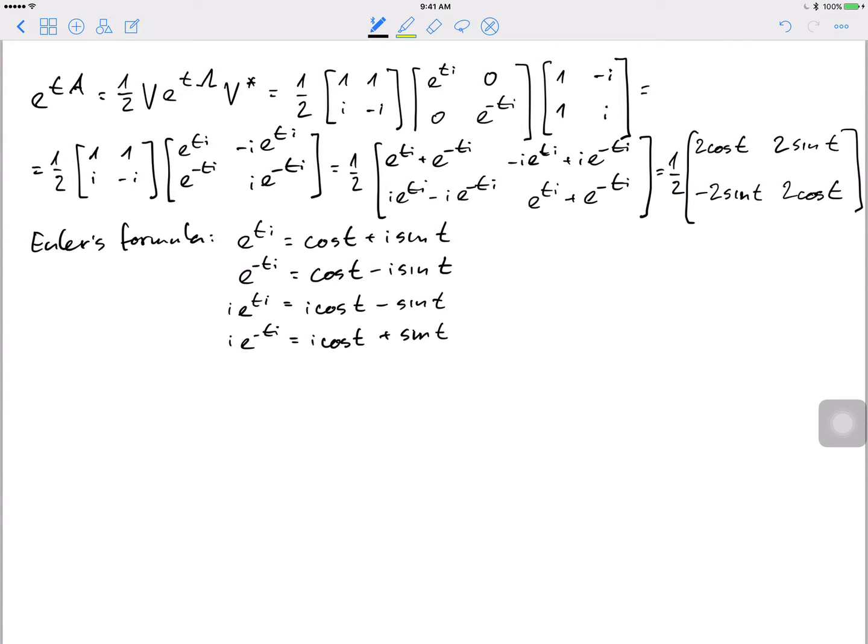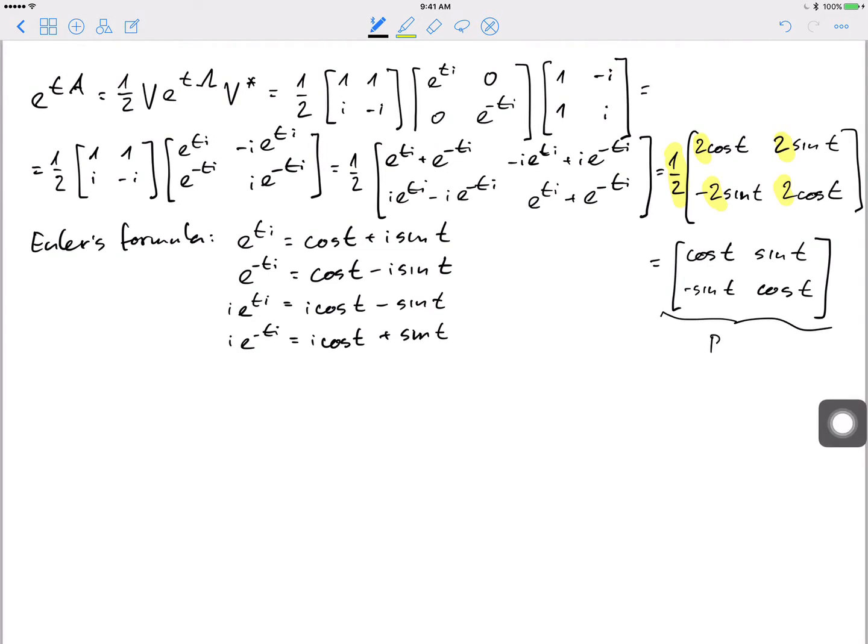All right. So now you can see how this thing nicely plays with these 2's here, so that it completely cancels out, and all I'm left with is cosine t, sine t, minus sine t, and cosine of t. And what is that?